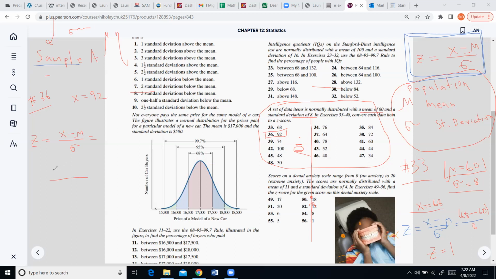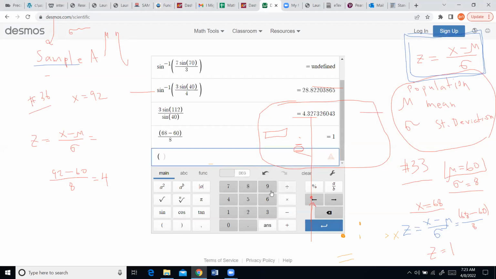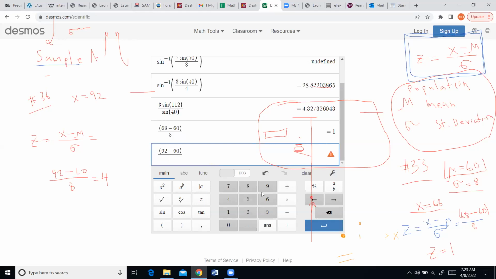I'm going to use 92 instead of x, right? Subtract the mean, which is 60, and divide this by 8. So I'm going to divide 32 by 8. So probably it's going to be something like that. Let's double check with a calculator. So I put in the parentheses, 92 minus 60, and divide that by 8 and get 4.